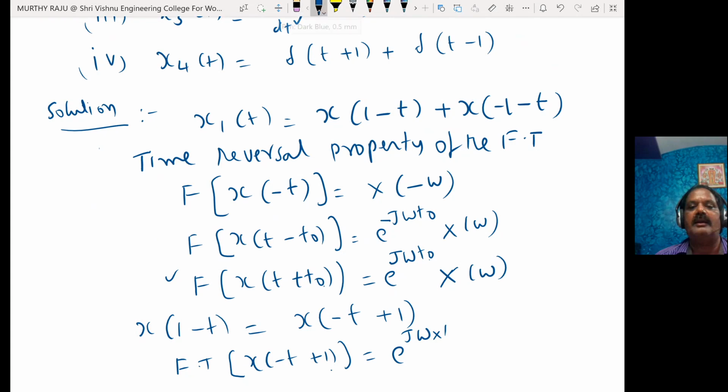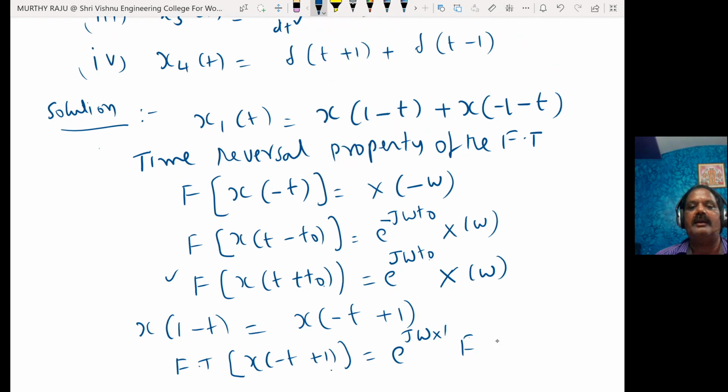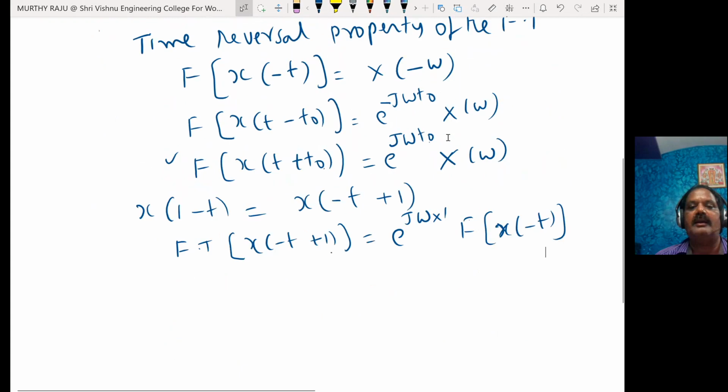Fourier transform of x of minus t is, by the time reversal property, X of minus omega.